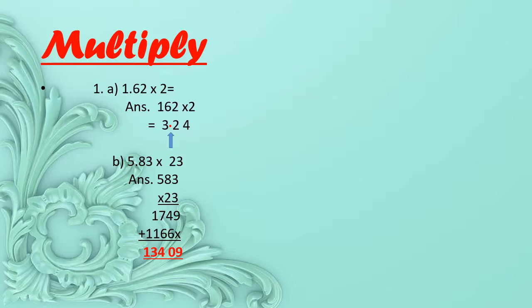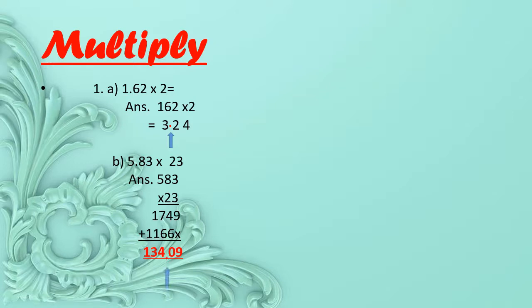Now our last step is you have to count the decimal places after the decimal point. We can see after the point we are having two decimal places. So we will move from right to left and we will put the point after two decimal places. Moving from right to left, the point will be in between 4 and 0, because after the point we are going to have only two decimal places.